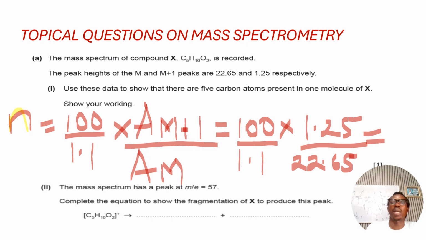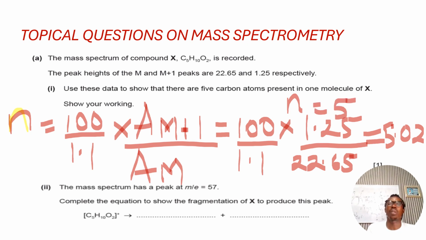If I use my calculator, 100 times 1.25 divided by 1.1 times 22.65, you get 5.02, which is approximately 5. So N is equal to 5. So there are 5 carbon atoms present in one molecule of X.